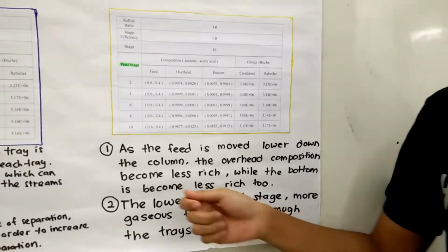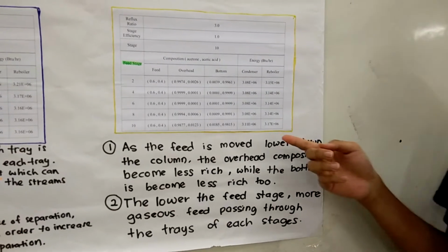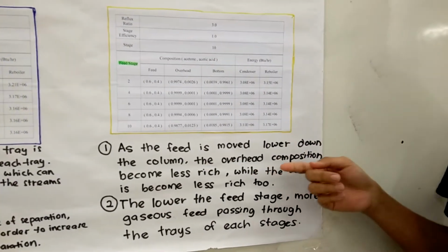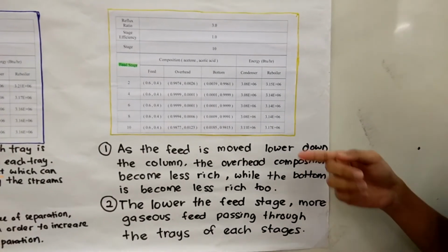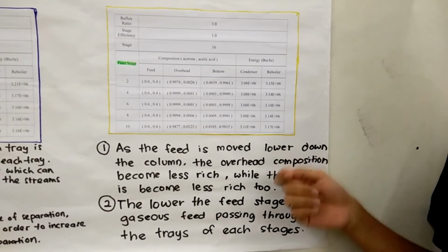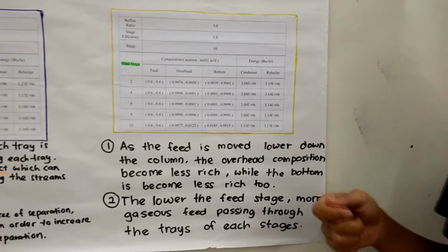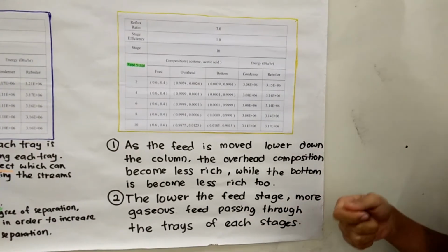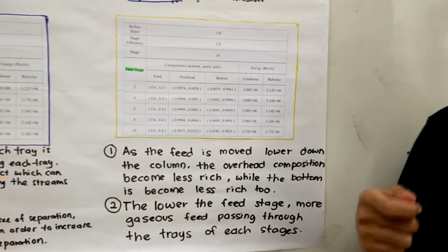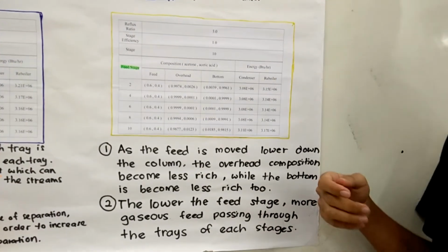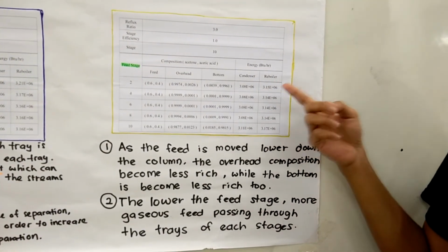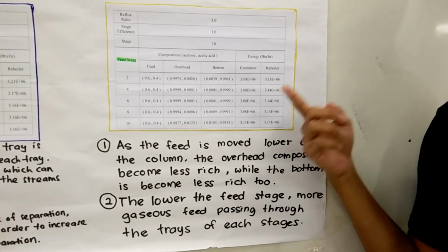This is because as the feed is moved lower down the distillation column, the overhead composition and bottom composition become less rich. This shows that the lower the feed stage, the more gas feed passes through the trays of each stage. Therefore, the composition of acetone and acetic acid will become less and less.